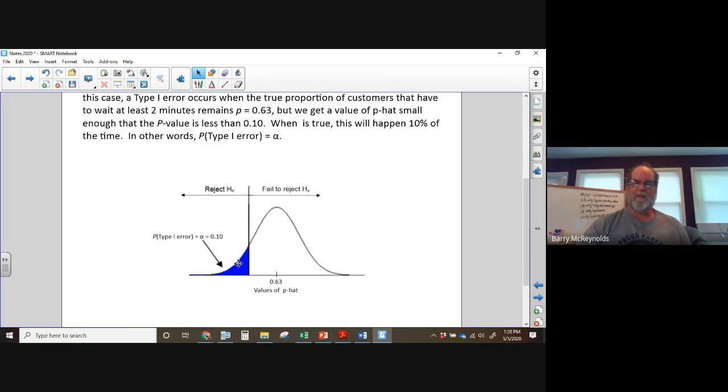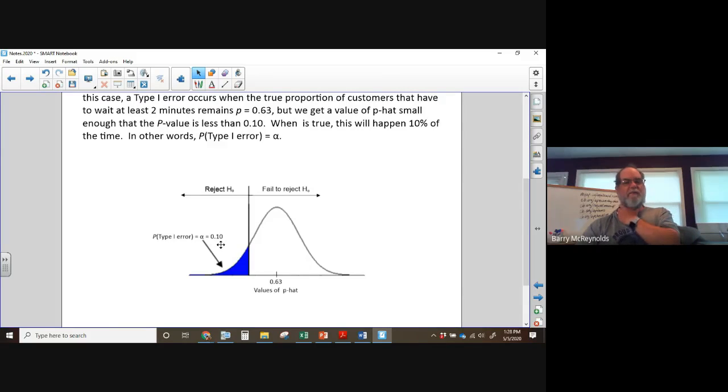Because this is a left-hand tail test, since it is p is less than some value. If p hat lands in this blue shaded region, we would reject the null hypothesis, when in fact the null hypothesis is still true, when in fact the true proportion of customers who have to wait a long time is still 0.63. So this is type 1 error.